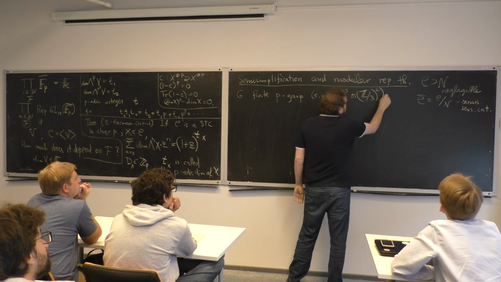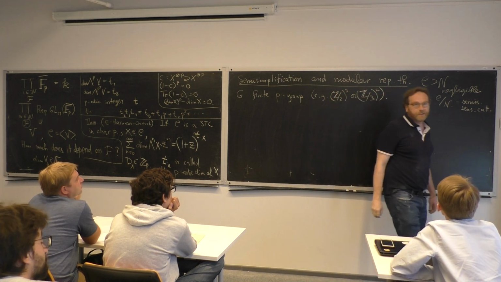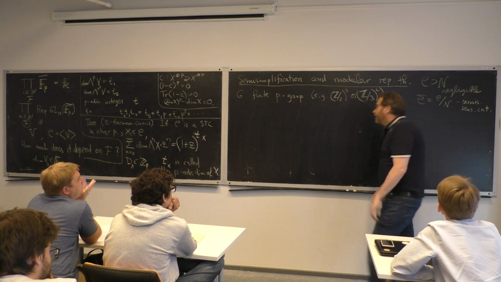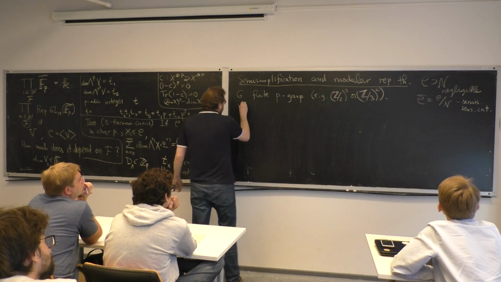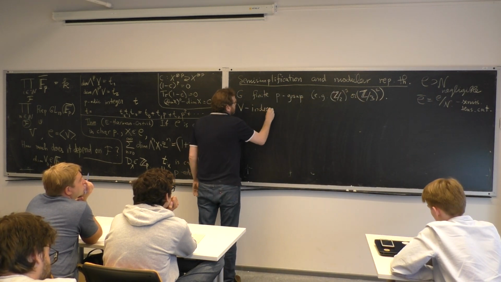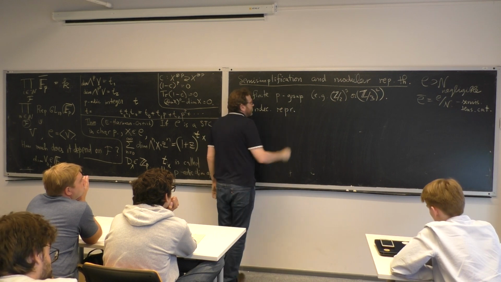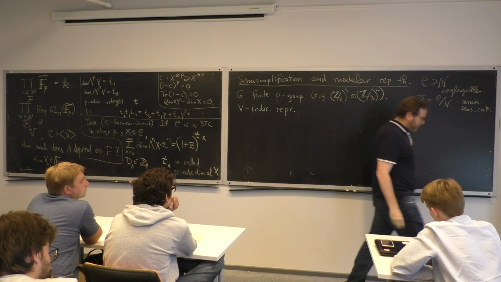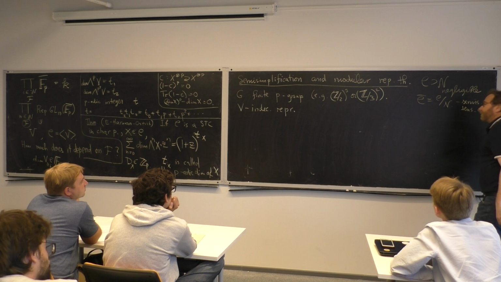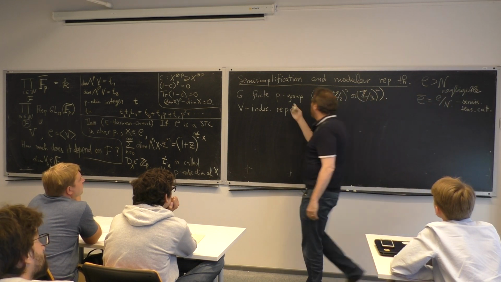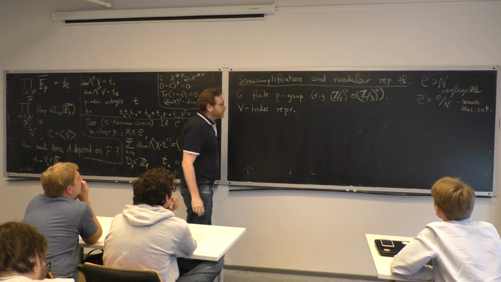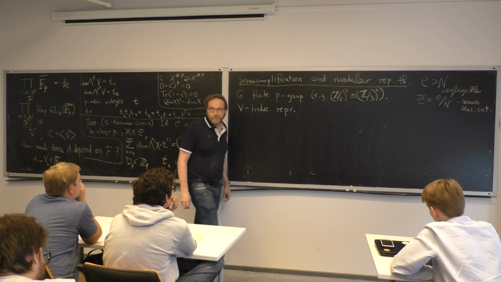Also for Z mod 3 squared, it is very hard. And let V be an indecomposable representation. Of course, the irreducible representations are trivial because every irreducible representation is the one-dimensional trivial representation, because it's a p-group. But the indecomposable representations are very complicated.